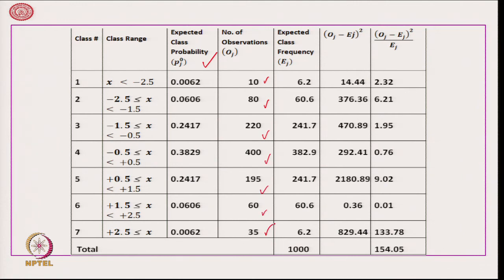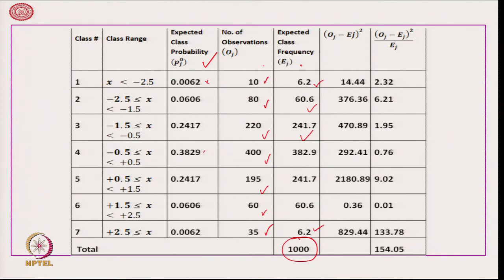Therefore, expected class frequency, how do we get? We multiply these values by 1000, therefore, we get 6.2, 60.6, 241.7 like that up to 6.2 and that should sum up to 1000. So, this is the expected class frequency, this is the observed values.